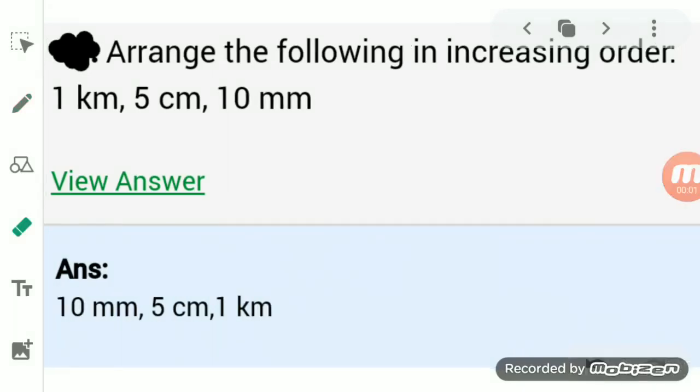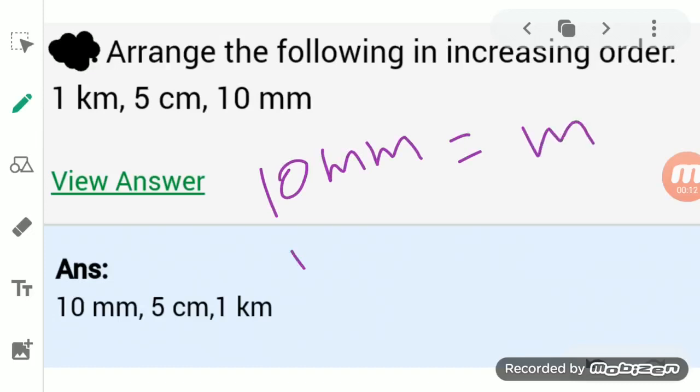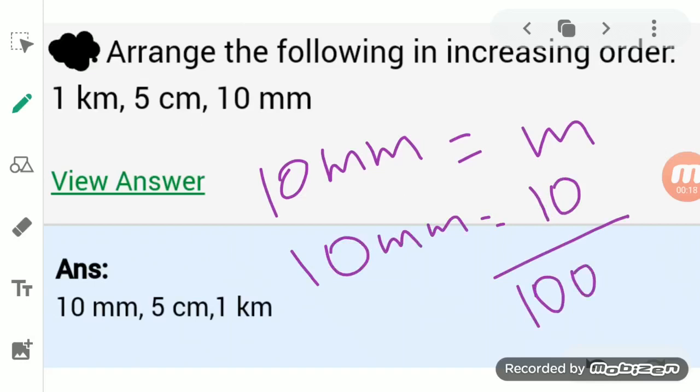So if we convert 10 millimeter into meter, how can we convert it? 10 millimeter is now equal to 10 by 1000 meter, because we just discussed that 1 millimeter is equal to 1 by 1000 meter.